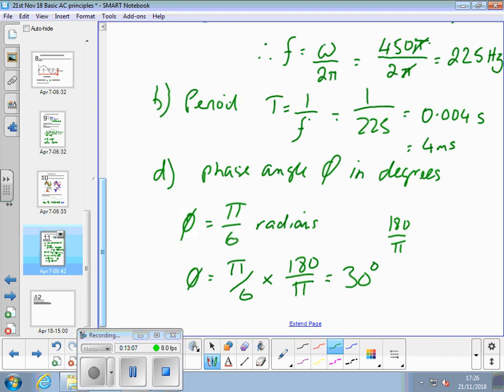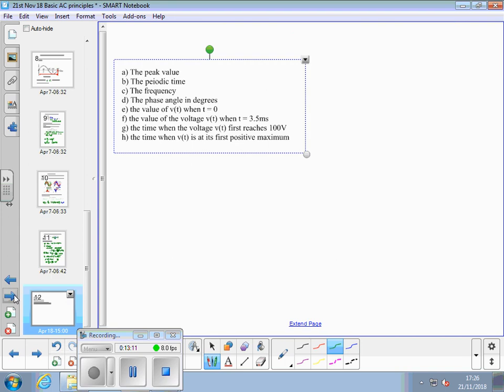Alright, I'm going to move on to a new page for the other bits. So we're done up to D. So we want E, the value of V at time t when t is equal to 0. So you just put in value 0 for t.